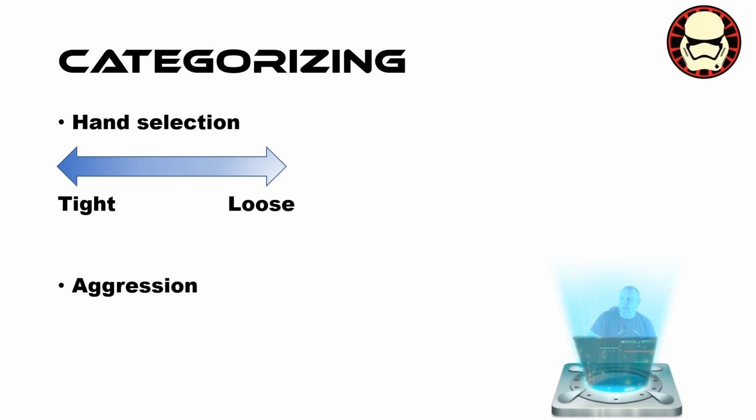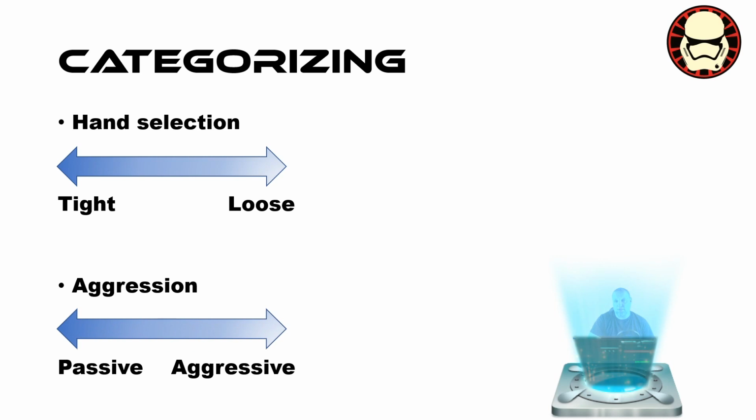And the other type of categorizing is aggression. And same thing, it can be passive or it can be aggressive. And once again, there's a spectrum. So we have two categories, and every player, their hand selection is somewhere on the spectrum, their aggression is somewhere on the spectrum.